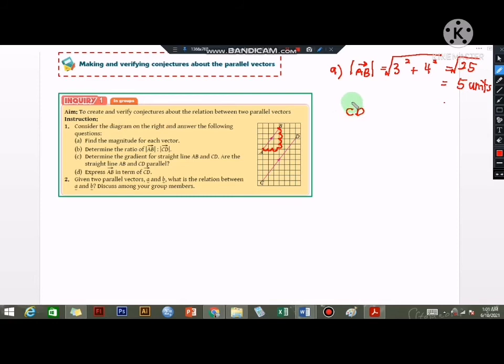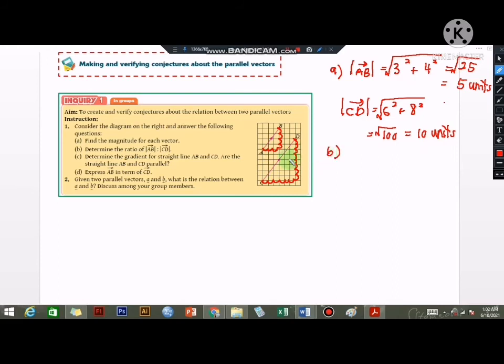For vector CD, as usual, use the Pythagoras Theorem. 1, 2, 3, 4, 5, 6. 6 squared plus 1, 2, 3, 4, 5, 6, 7, 8. 8 squared, and then you square root. What is your answer? 6 squared plus 8 squared, then you will get 100. Square root of 100 is equal to 10 units. We are done already for the magnitude of the vectors.